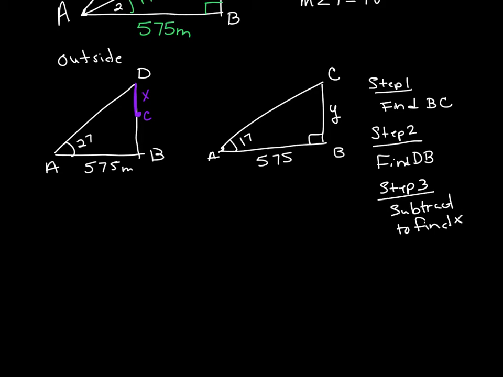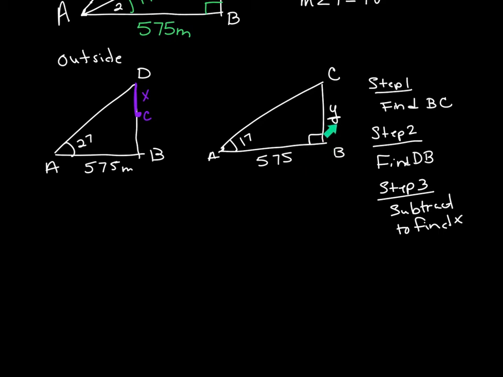All right, so let's find the inside triangle first, which is to find BC. So we're going to solve this as Y. Well, I have an angle, 17 degrees. I have a side adjacent to this, and I have a side opposite from that.